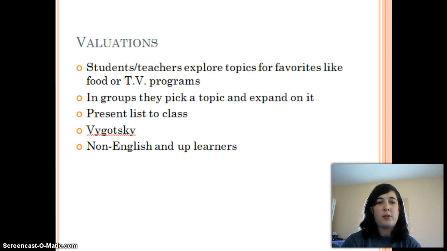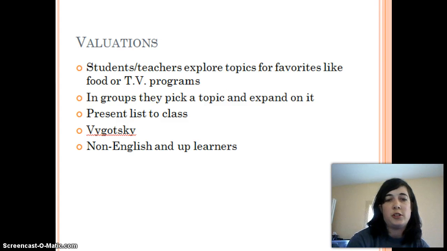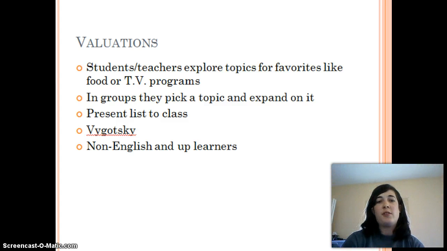And then my third one is valuations. The students and the teacher, first together, will explore topics like their favorite food or TV programs or other examples of that sort. And then in groups, they will pick a topic and expand on that one topic and then present the list to the class.